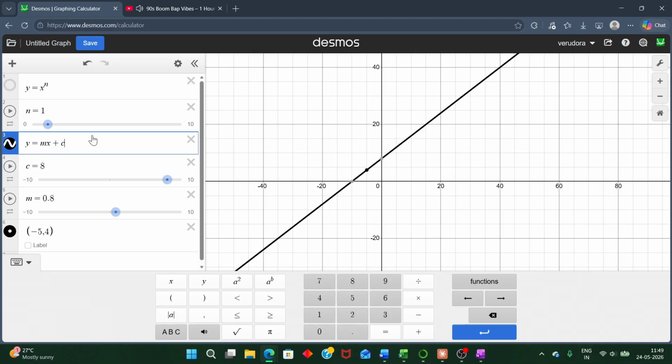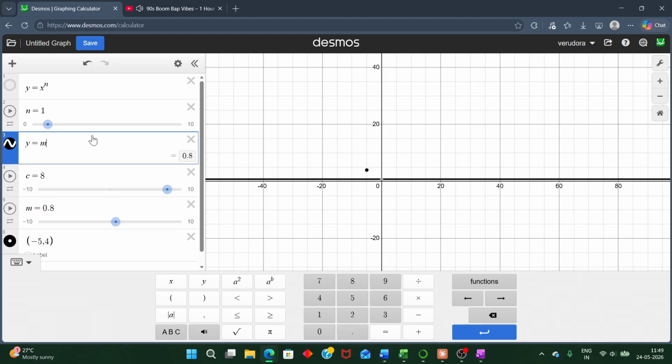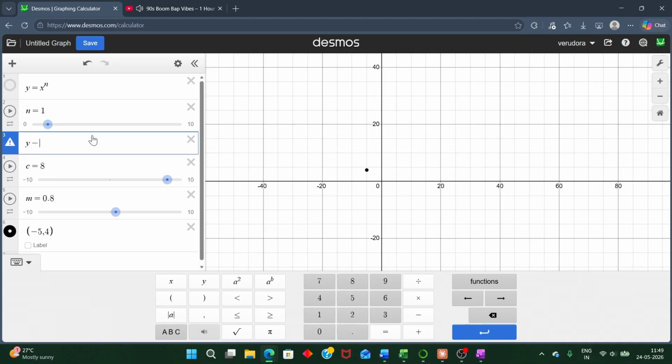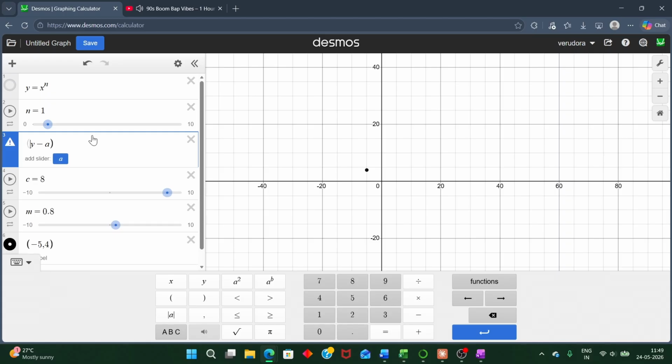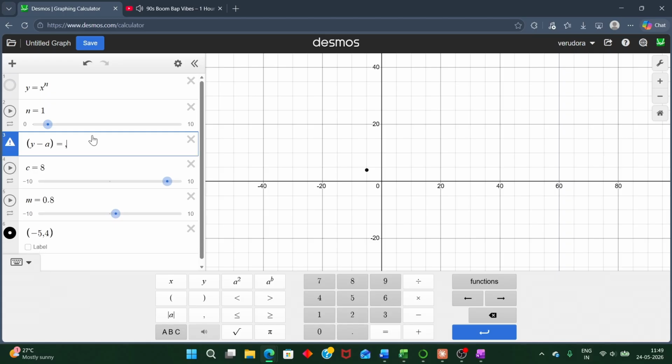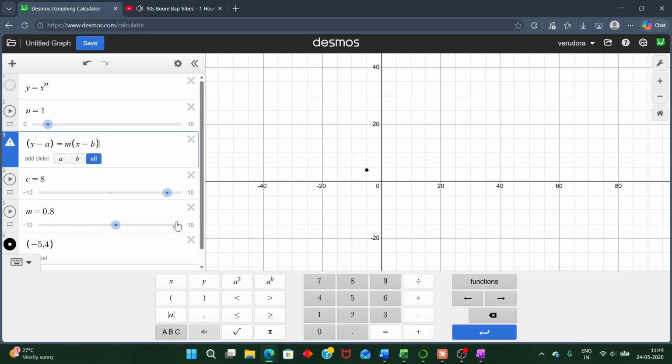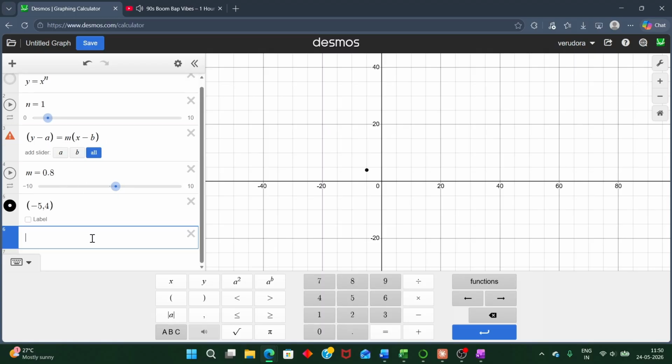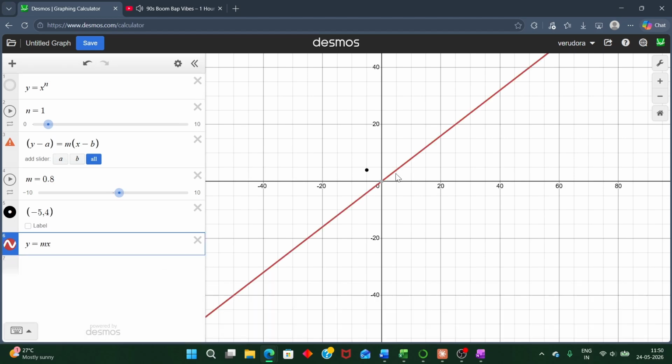There's another way of writing the same line equation, which is y minus a is equal to m into x minus b. So if you're confused as to why I've written it in this way, I want you to imagine this as a variation of y is equal to mx. If this is y is equal to mx, I want you to lift this graph and overlay it on this line.